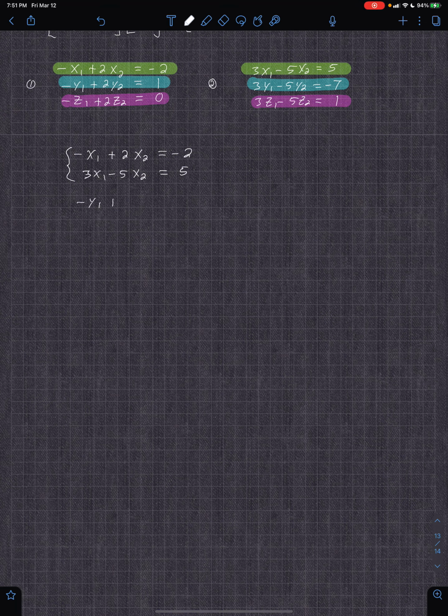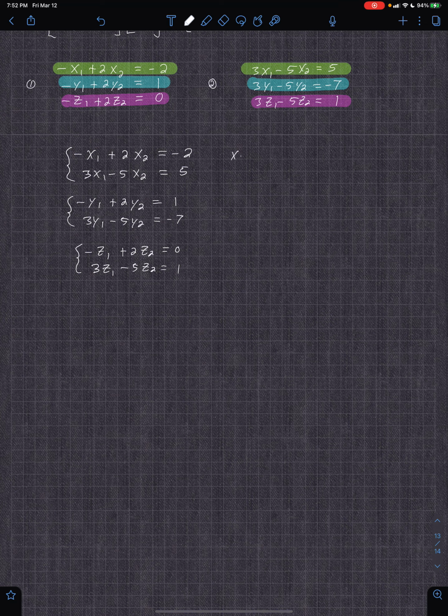Negative x1 plus 2y2 equal to 1. 3y1 minus 5y2 equal to negative 7. Negative z1 plus 2z2 equal to 0. 3z1 minus 5z2 equal to 1. And then you solve that system. Okay, so solve each one.